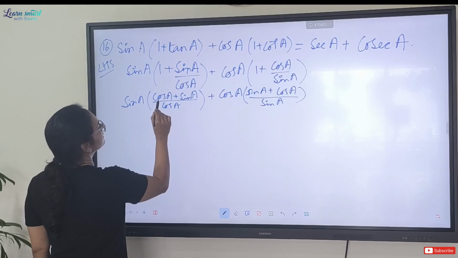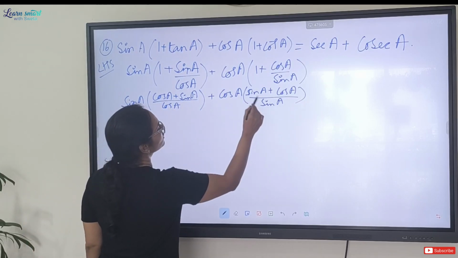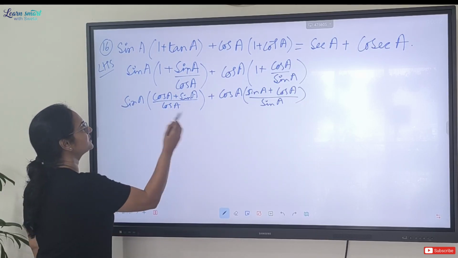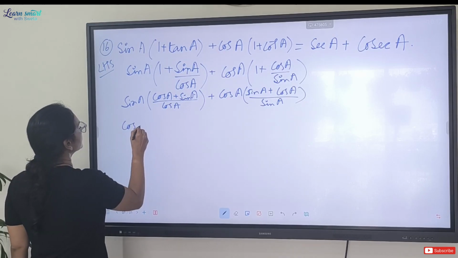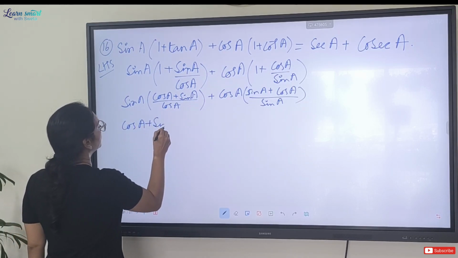And look, over here cos A plus sin A, here sin A plus cos A, so we can take that as common. So we can write cos A plus sin A.